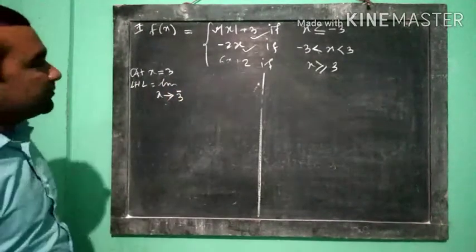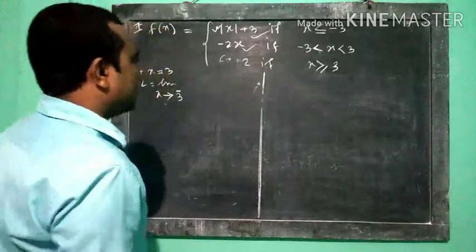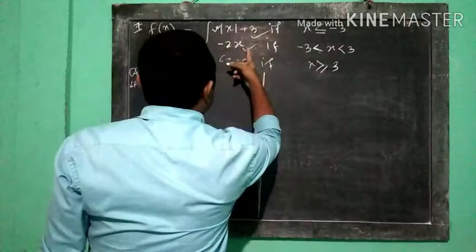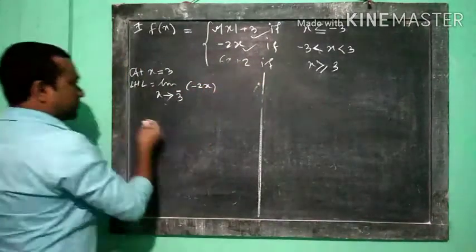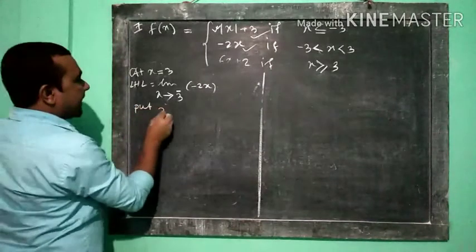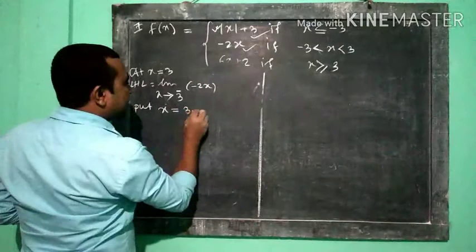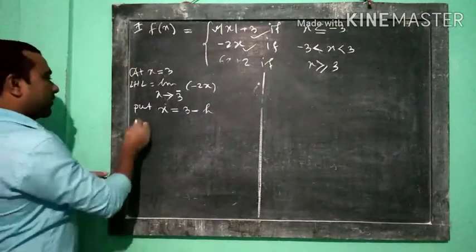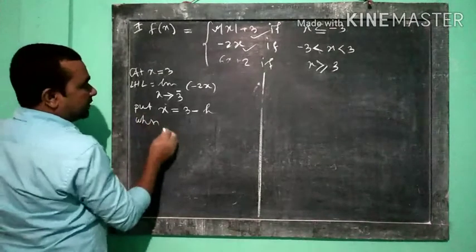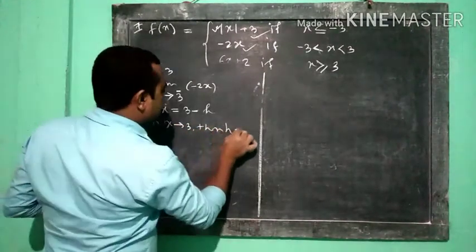So 3 negative lies in this piece, and it takes this value. The function is minus 2x. So put x equal to 3 minus something, say h. When x tends to 3, then h tends to 0.